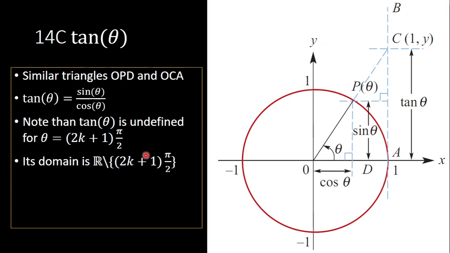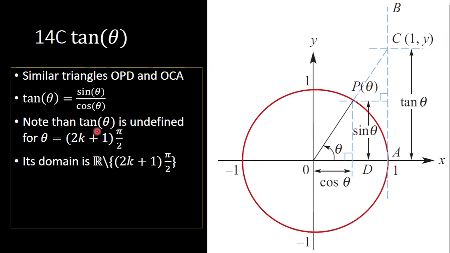A few features. The first one is tangent is sine over cos. Cos of theta, the denominator, if it equals 0, because you can't do a division by 0, it will be undefined. At that point here, 0, 1, cos of theta is 0, therefore tangent is undefined. And if I go all around to 0, negative 1, again cos of theta is equal 0, tangent is undefined.